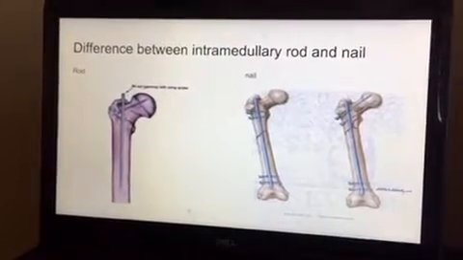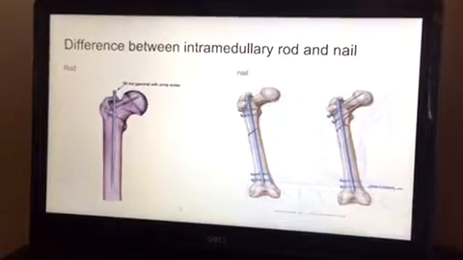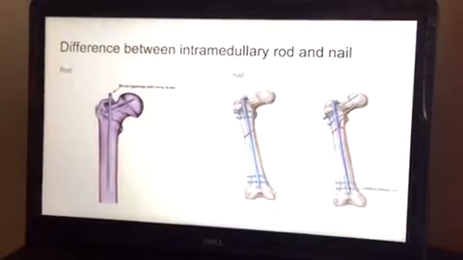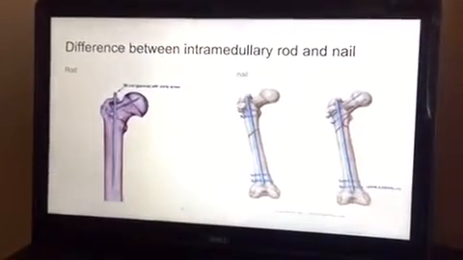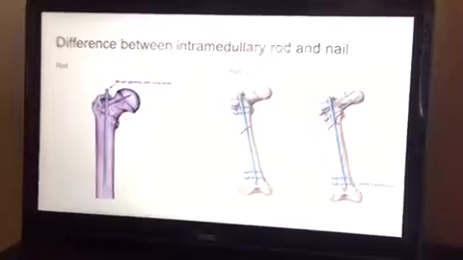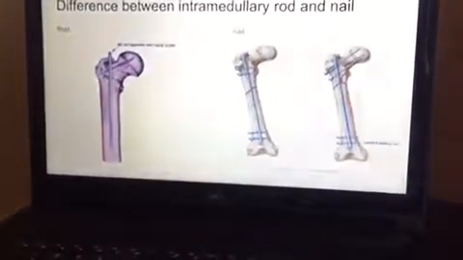So the nails are more rigid implants, usually have proximal and distal holes for interlocking, and cause more pain to the knee. The nail was popular in the 1970s and 1980s.